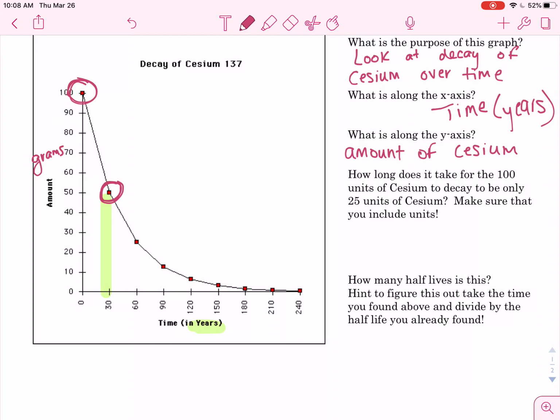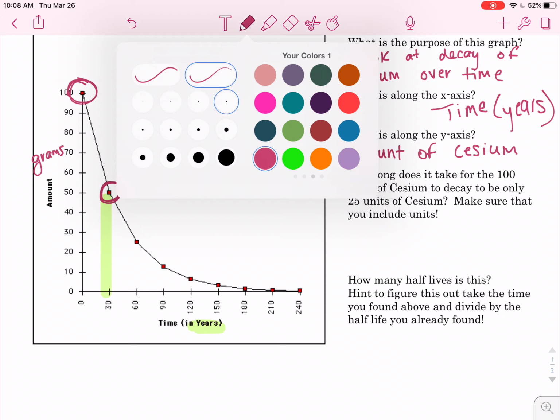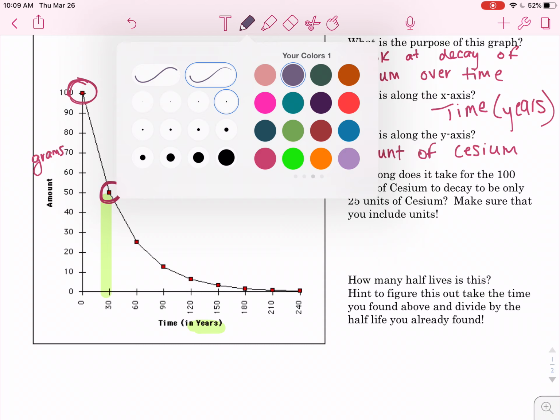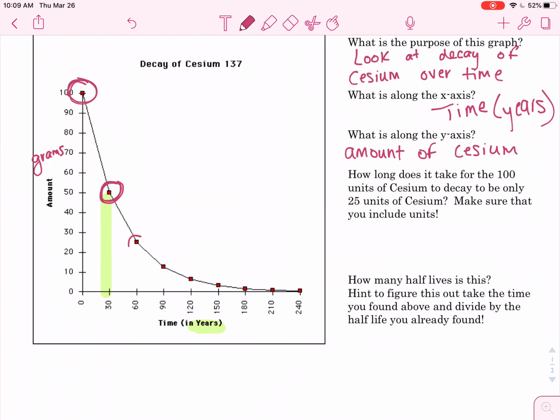We start off with 100, and we know that it takes 30 years to get to half that, and then to get to about 25, which is here, it takes about 60 years. So the answer is 60 years.